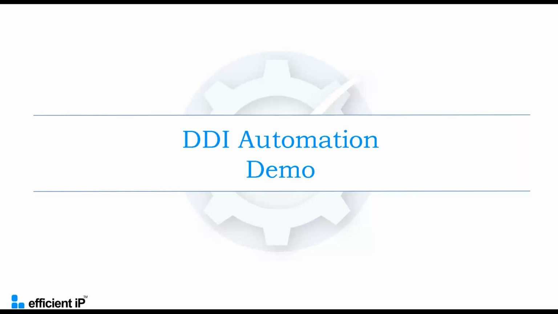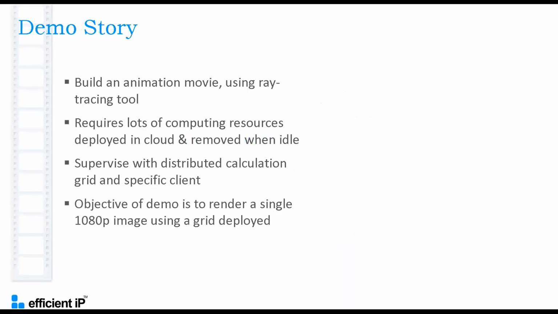Now, to give you an example of how automation and DDI can be used, we've got a bit of an abstract demo. Now, the demo works around a requirement to effectively build a dynamic video editing suite. We tried to do something a little bit different, not just spin up a few switches or a few virtual machines that do nothing.